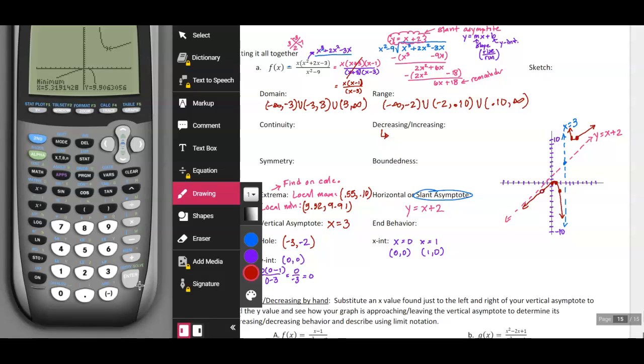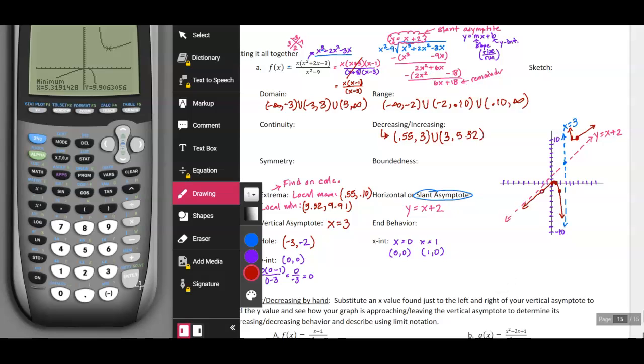So you start decreasing at the x value of 0.55 and you stop at the vertical asymptote of 3. And then you start decreasing again on the other side of 3, back at the top here. And then you stop decreasing at the local min, which is 5.32.